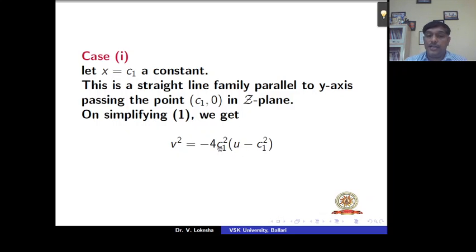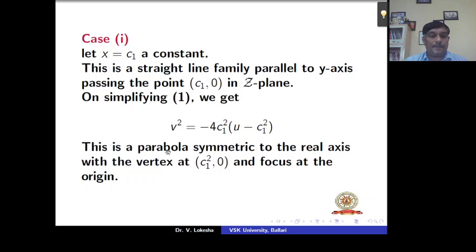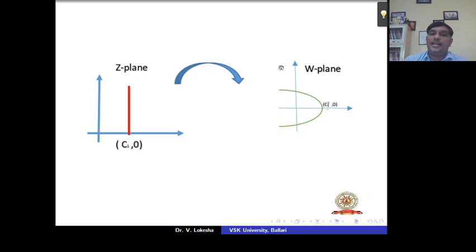Here we can say this is a parabola symmetric to the real axis with the vertex at c1 square comma 0 and focus at the origin. In the diagrammatic representation of the above case, c1 comma 0 is mapped onto c1 square comma 0 in the w plane. It is a parabola.